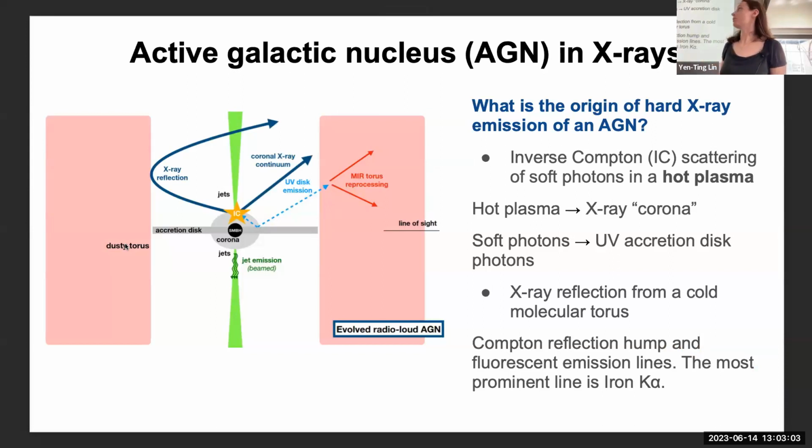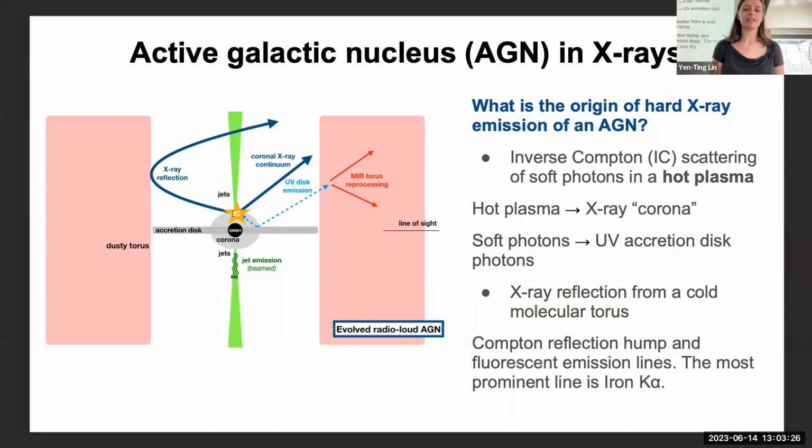So we observe hard X-ray emission from AGNs, and we believe its source is inverse Compton scattering of soft photons in a hot plasma. We associate the hot plasma with the X-ray corona, and the soft photons are coming from the accretion disk.